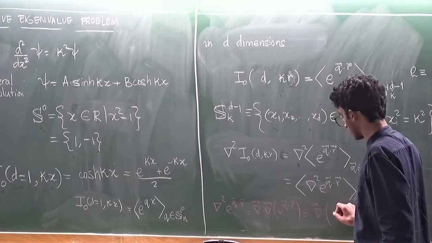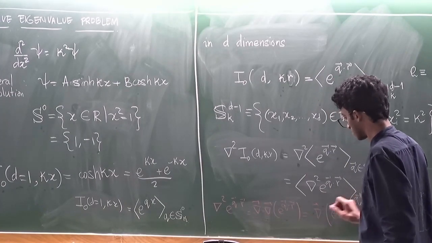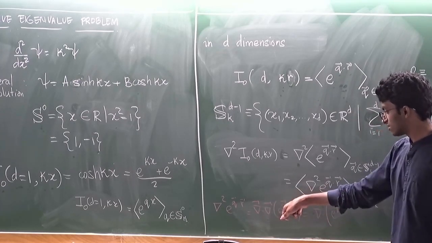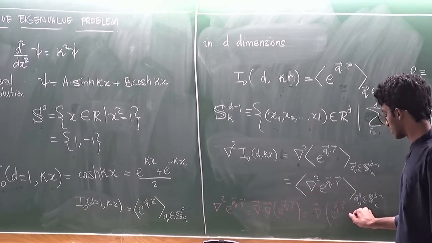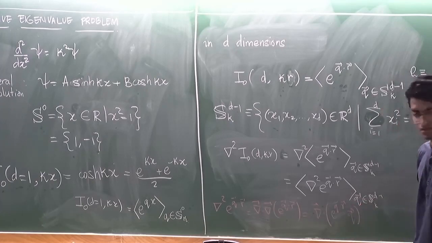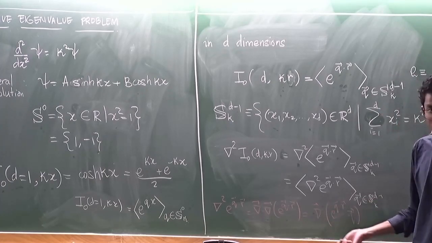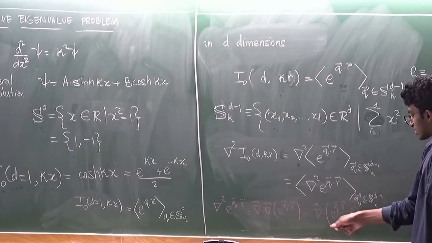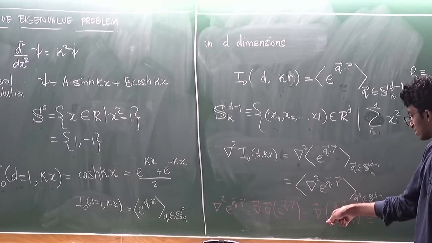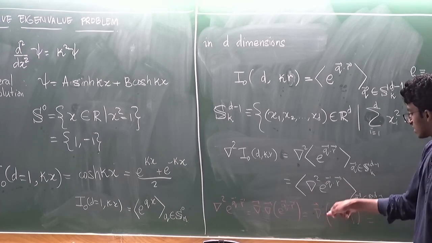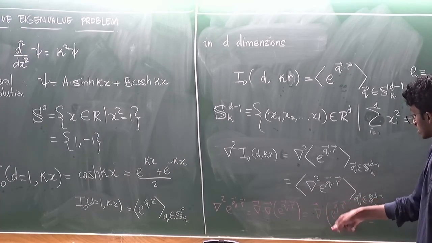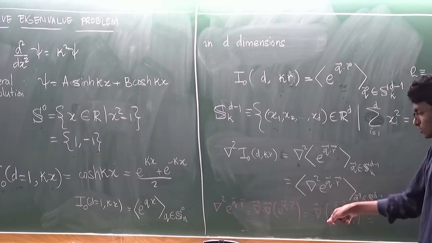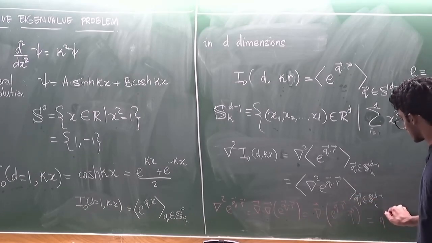Exponential will come out anyway, and then you have to do grad of this bit, which is easy because it's just q. Then divergence of this, since this is constant, will be divergence of this times that, but divergence of this is 0, plus e to the q dot r times q dot grad of this, but grad of this we already computed is just q times e to the q dot r. So this is just q squared e to the q dot r.